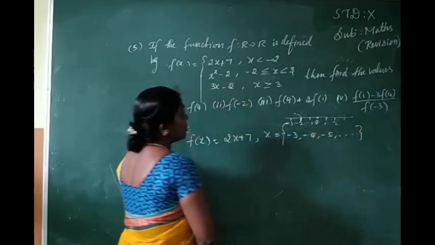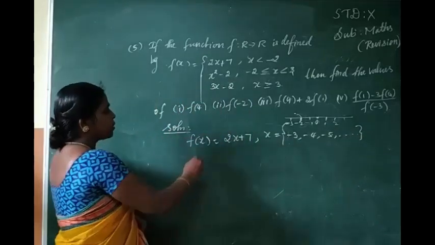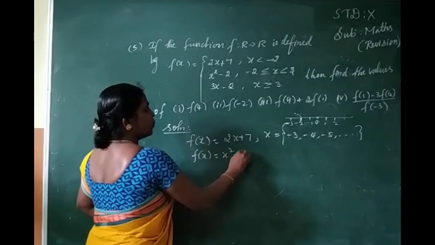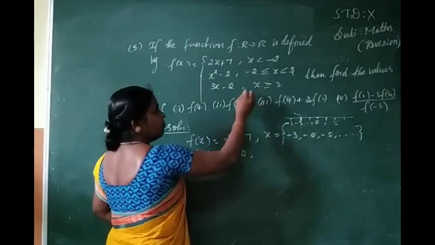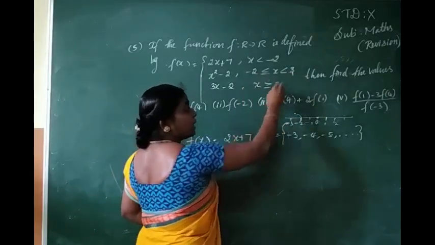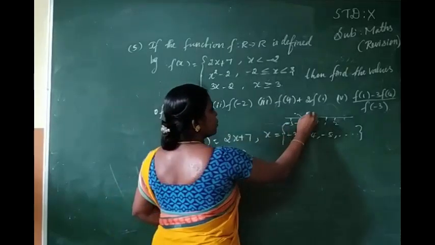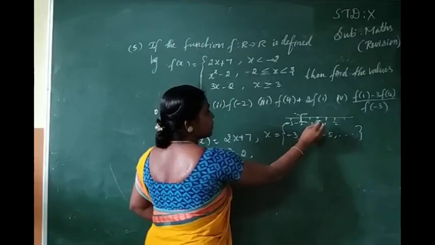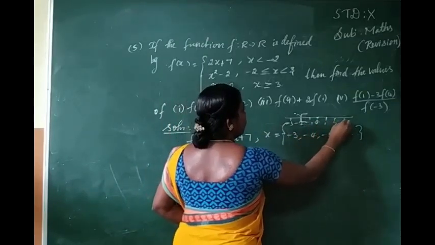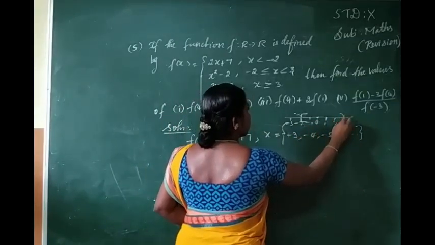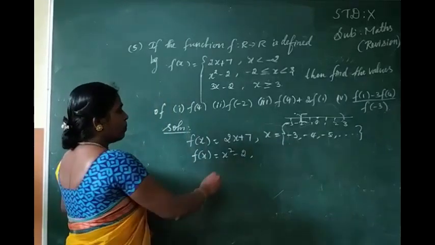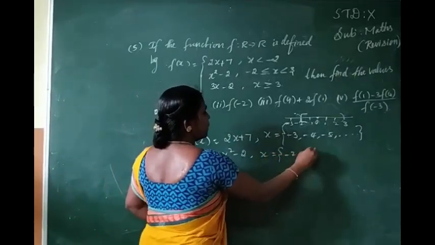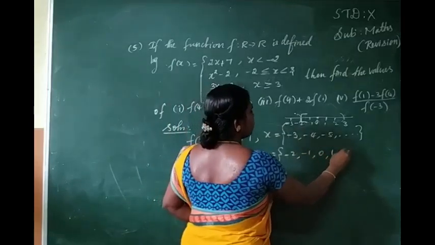Okay, next x square minus 2, f of x equal to x square minus 2. So here interval is in between minus 2 and less than 3. So minus 2, you can take minus 2, next minus 1, 0, 1, 2; less than 3, you should not take 3. So x equal to minus 2, minus 1, 0, 1, 2.